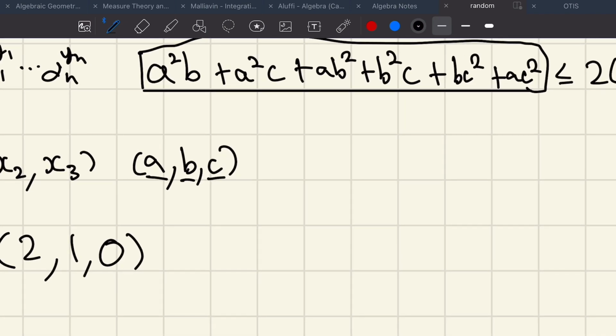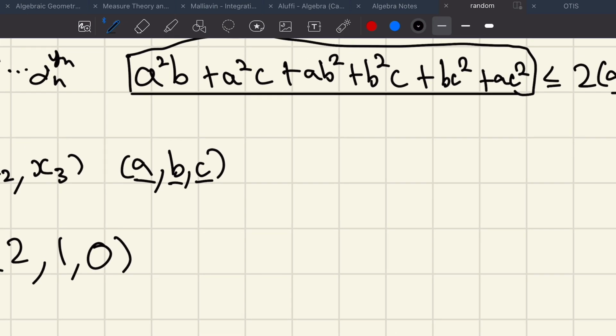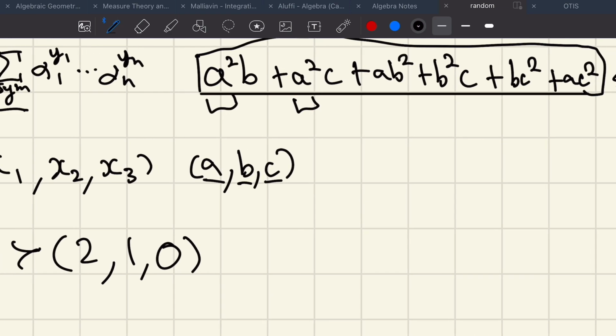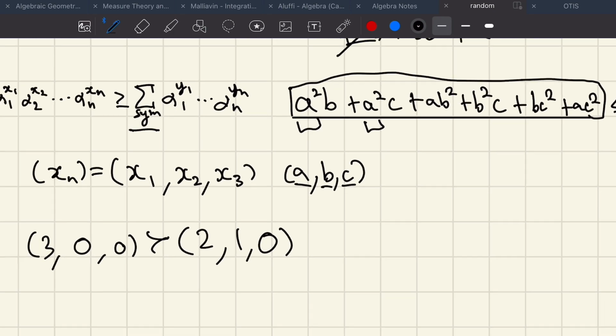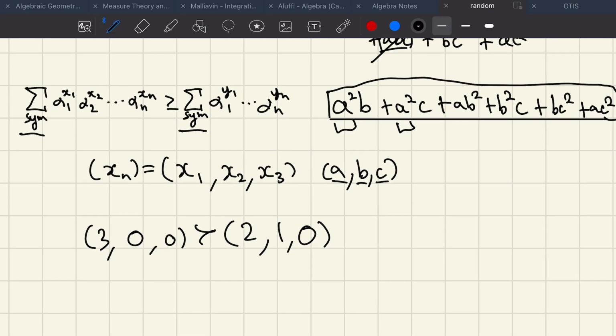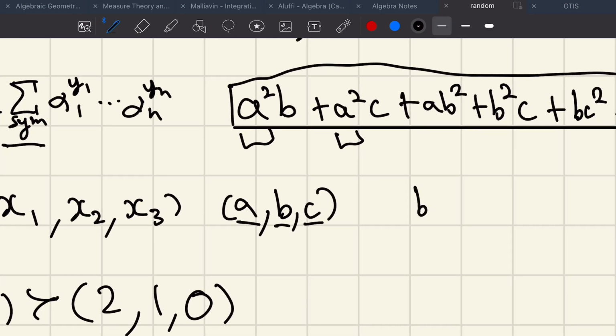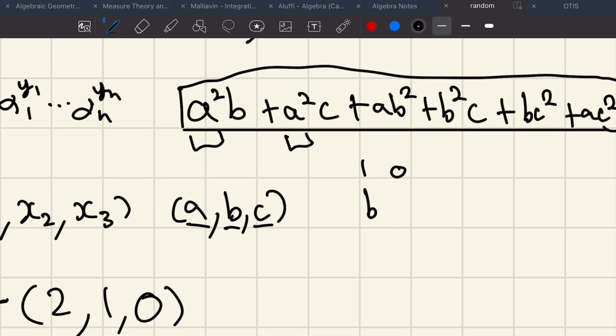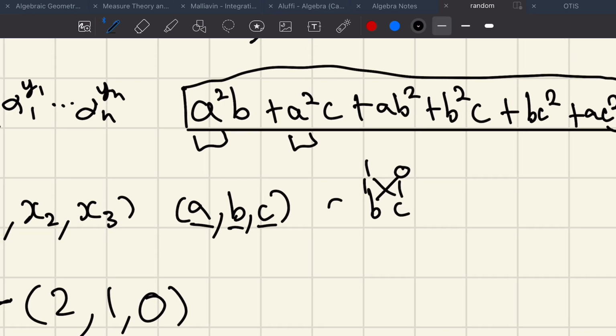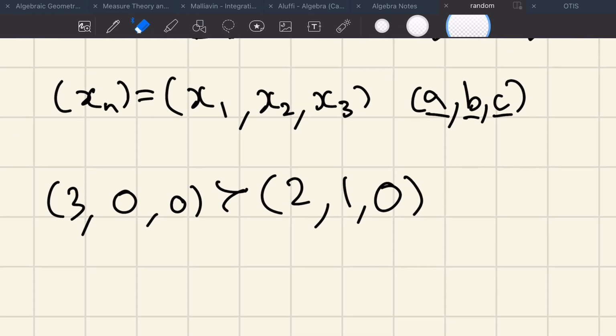Well, we see that each of the squared terms has 1, and these are just the symmetric sums where the B and the C alternate, as in B can take on the value 1 or 0, C can take on the value 1 or 0 in this way, and then A is fixed as 2. And then we take a permutation, meaning that now we fix B as 2, and A can be either 1 or 0, C can be either 1 or 0. So it's clear that 2, 1, 0 will be right.